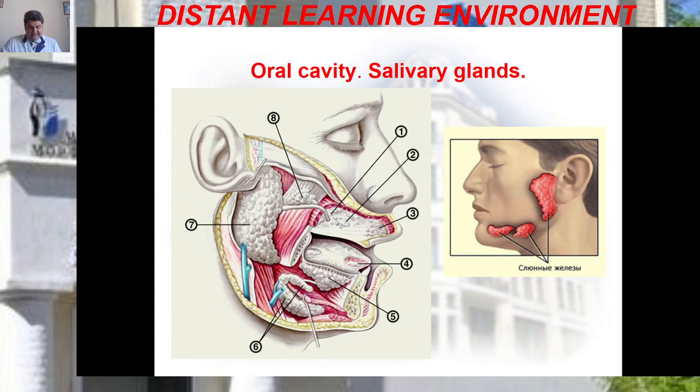It then enters the oral cavity under the mucous membrane and opens into vestibule of the mouth by a small opening opposite the second upper molar.